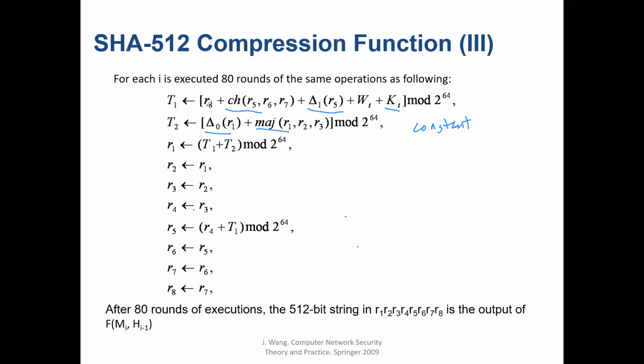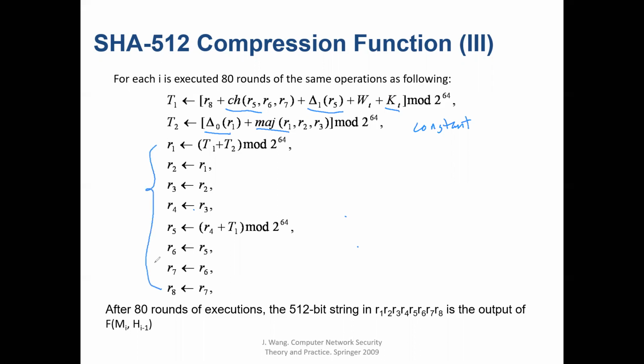So it's 64-bit, 64-bit, 64-bit, 64-bit, 64-bit, and then you add them up, you still want the result to be 64-bit, so you take the modular 2 to the 64. Likewise, T2, you want it to be 64-bit, so after you add these up, then you take the modular 2 to the 64th power.